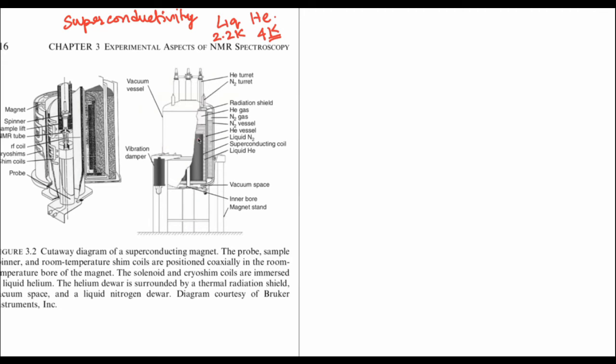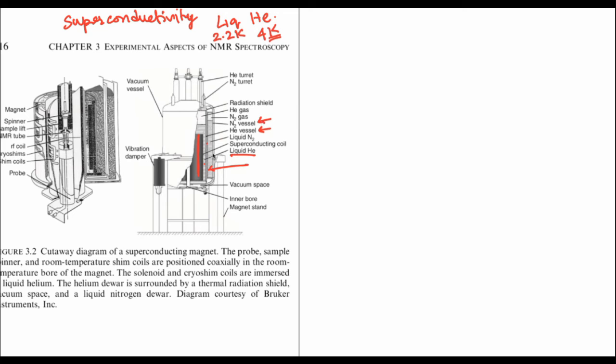What you see here is the solenoidal magnet, the black thing, and that's kept in a helium vessel. That's where the liquid helium goes. The liquid helium helps keep the superconducting magnet at the desired temperature. Immediately outside the superconducting magnet is liquid helium, and there is a separation which ensures that outside that you also have a liquid nitrogen bath.